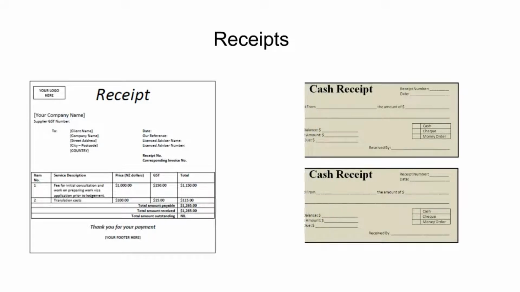After the goods have been provided or the service provided, the recipient of those goods and services would now pay for them. After the goods and services have been paid for, then that client is supposed to receive a receipt as evidence of payment for those goods or services.